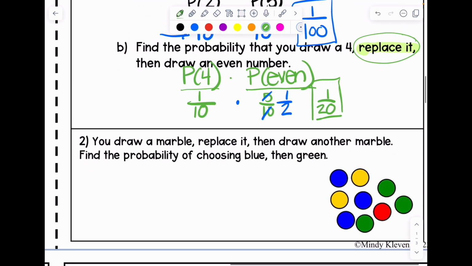Let's look at one more example here. You draw a marble, replace it, then draw another marble. The key phrase that's telling me this is independent is that I'm replacing the marble. So again, I'm resetting the bag before I make that second draw. So I want to know the probability of choosing blue and then green. So I want the probability of blue and the probability of green.